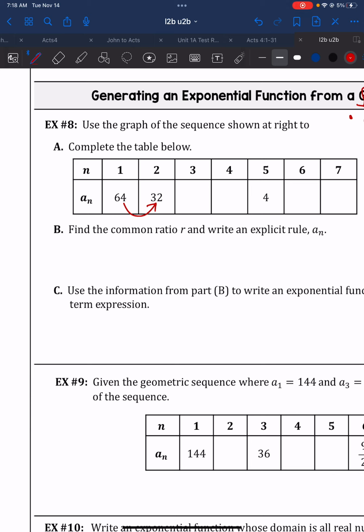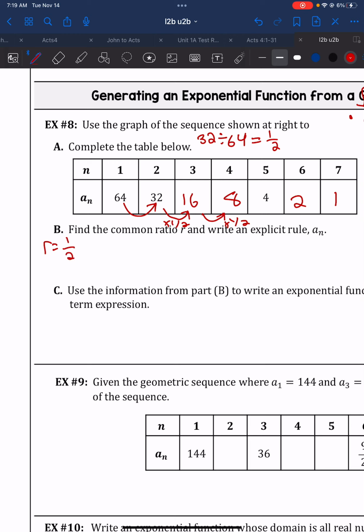So I can check to see what the common ratio is here by doing the second one divided by the first one. So 32 divided by 64 gives me 1/2. So I know I'm multiplying by 1/2 the whole time. So 16, 8, 4, 2, and 1. And that's the common ratio that this is looking for right here, 1/2.